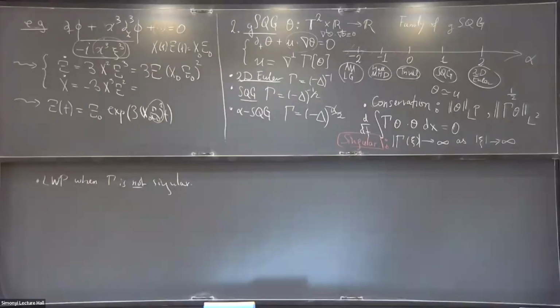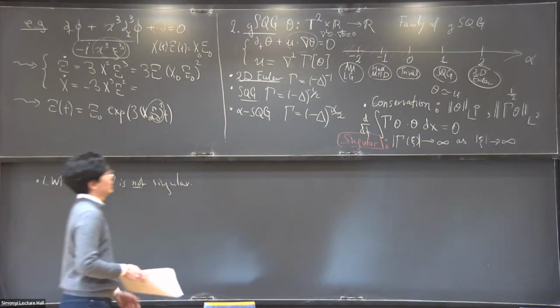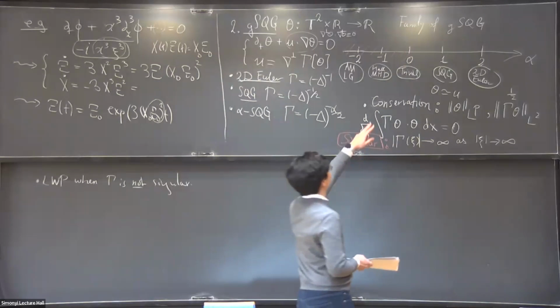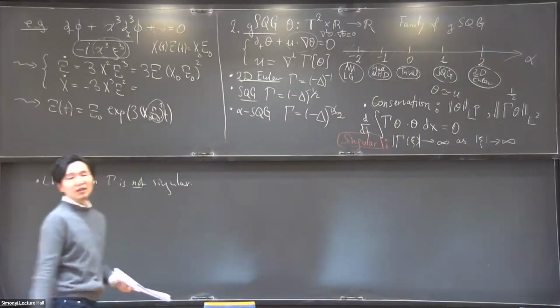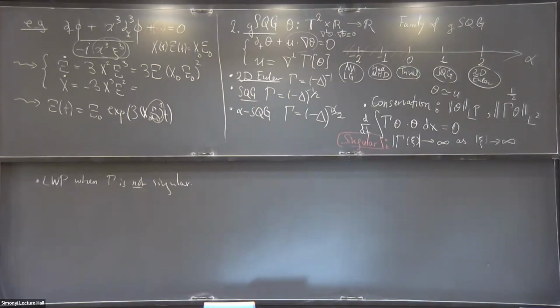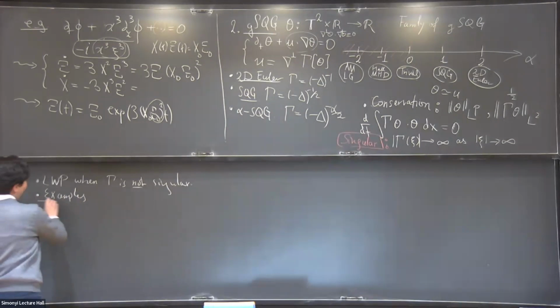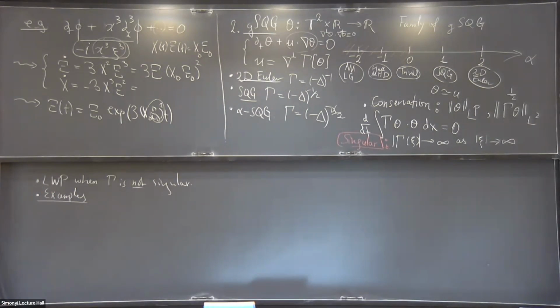But before going into the statements and proofs, let me explain some situations where singular multipliers actually appear. And I want to be quick about this. So, okay, examples of singular multiplier.